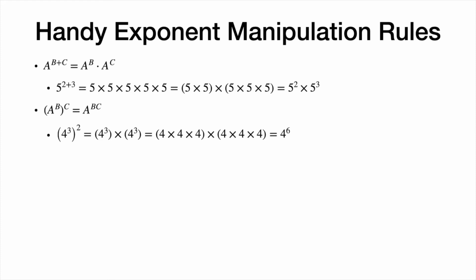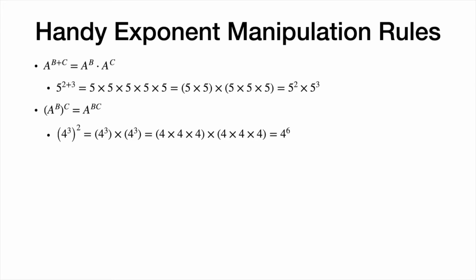So 4 to the third raised to the second power means that whatever 4 to the third is, we're going to multiply it by itself. So that's going to be 4 to the third times 4 to the third. Well, what is 4 to the third? Well, 4 to the third is just 4 times 4 times 4. So if we break this out, 4 times 4 times 4 times 4 times 4 times 4. So that's going to give you 4 to the sixth.